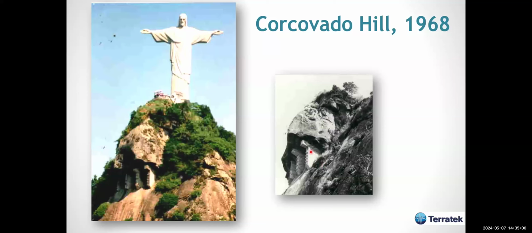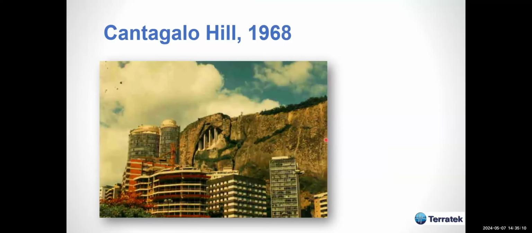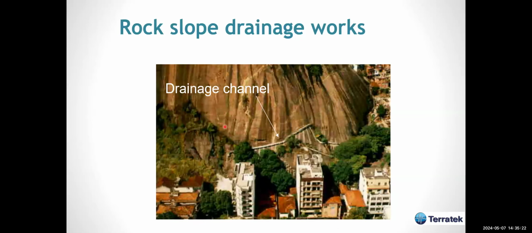There were some anchors as well, rock anchors, and these counterforts here to stabilize this loose block. Also, in Rio, I've seen this taking place in 1968. I was in School of Engineering at the time, and lots of work took place after that disaster.